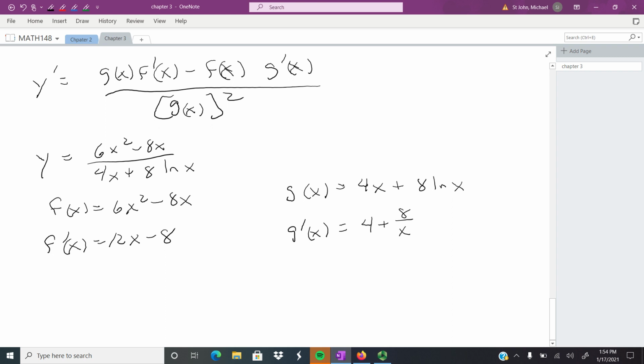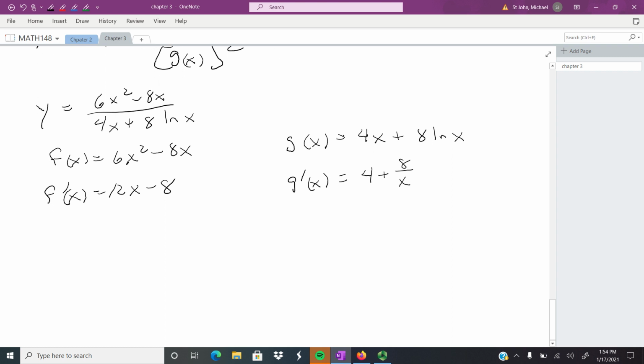And then now that we have all our pieces, it's a matter of plugging that all in.